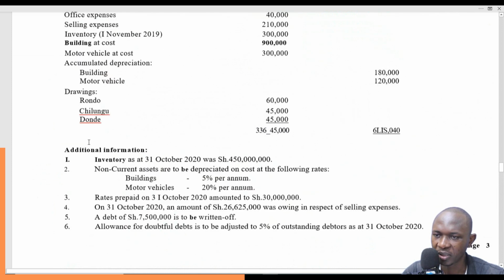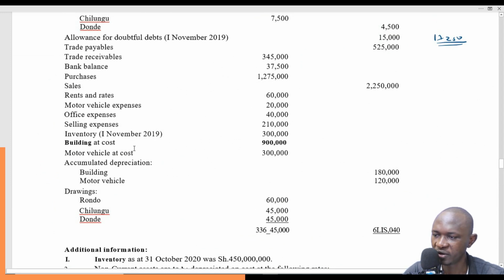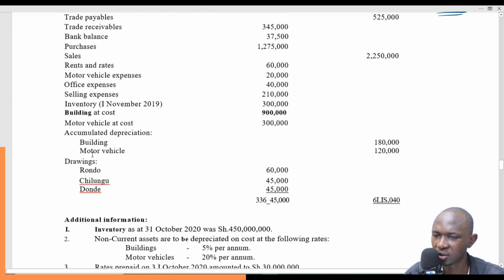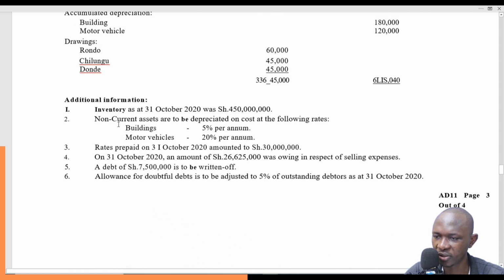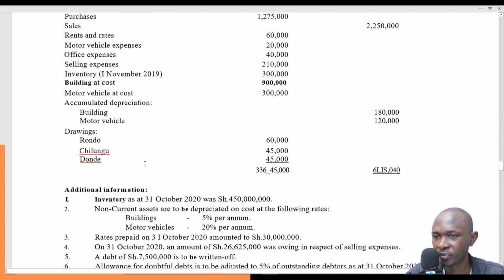So we go back to pick more. Inventory, building at cost, motor vehicle at cost, accumulated depreciation, and drawing. So there's nothing there. Move on to additional information: current assets are to be depreciated on cost at the following rates. Building 5% per annum, and it's on cost.